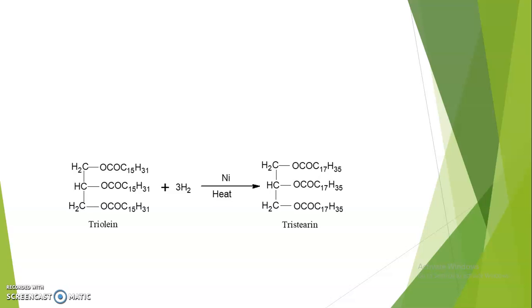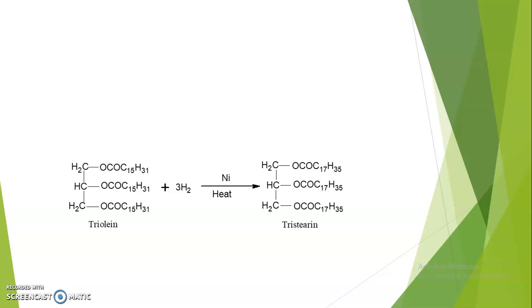Here you can see triolein, which has oleic acid as a free fatty acid. Oleic acid is an unsaturated fatty acid consisting of one double bond. So here we will require 3 hydrogen molecules to carry out the hydrogenation reaction.